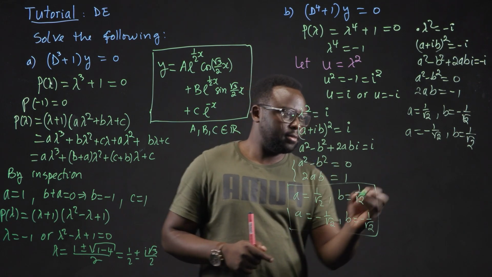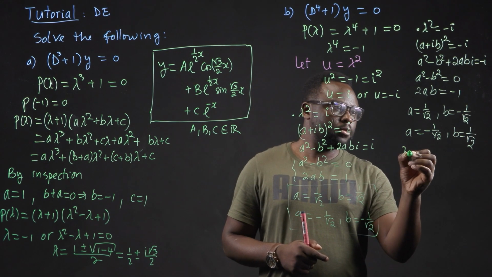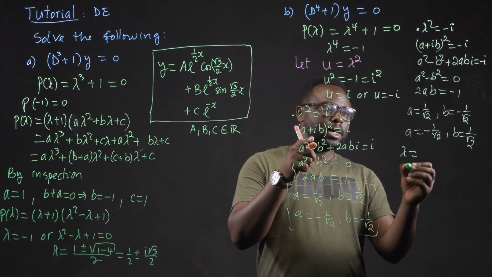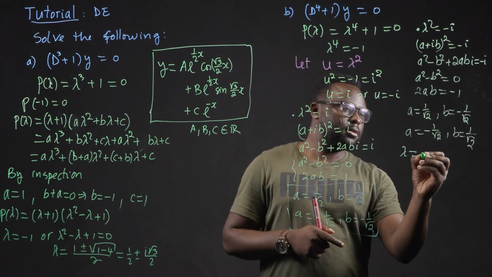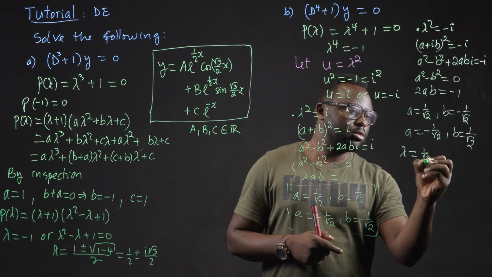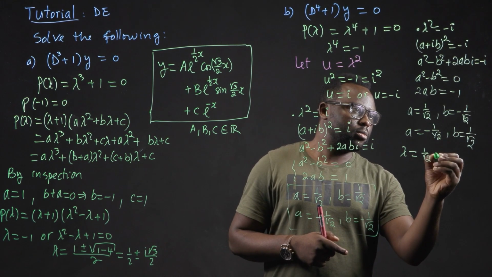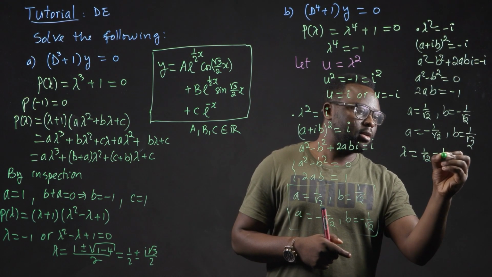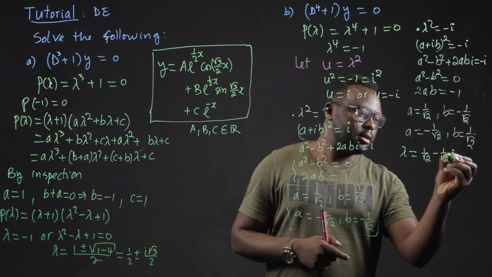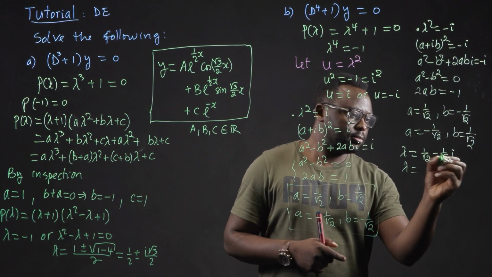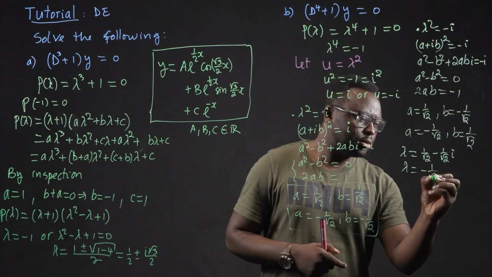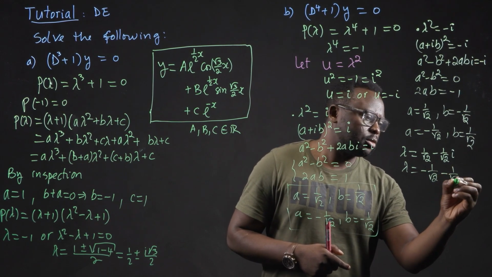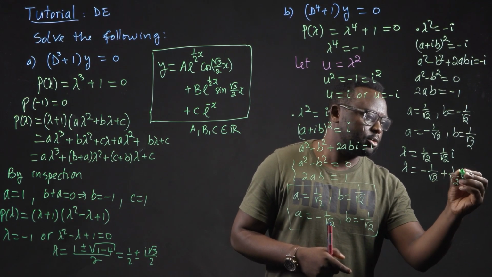This means that for lambda, we have two lambdas here. The first lambda is 1 over root 2 minus 1 over root 2 I. The second lambda is minus 1 over root 2 plus 1 over root 2 I.